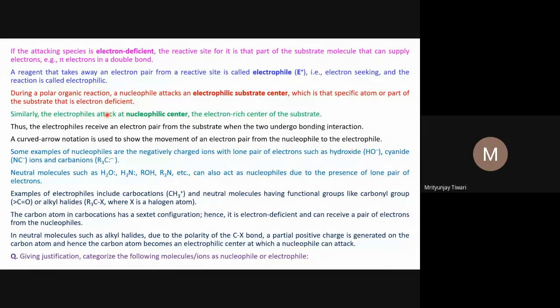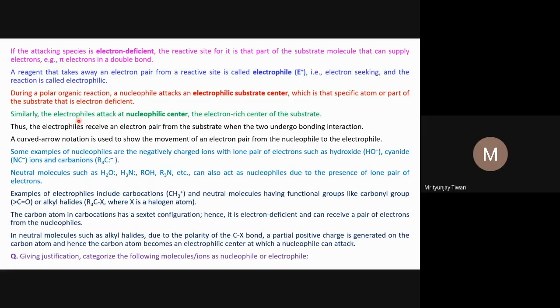Similarly, the electrophiles attack a nucleophilic center. Electrophiles are electron deficient species which get attracted towards a negative charge center or electron rich center. Nucleophilic centers have higher electron density, so they will be attracted towards some species which is electron deficient, that is the electrophile.